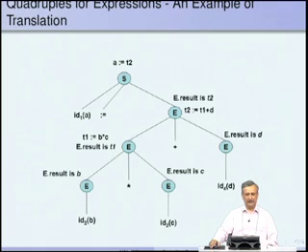For example, the code is generated for E going to E star E first, and then the intermediate code is generated for E going to E plus E, and finally, the intermediate code for S going to ID equal to E. So, let us see how this happens.